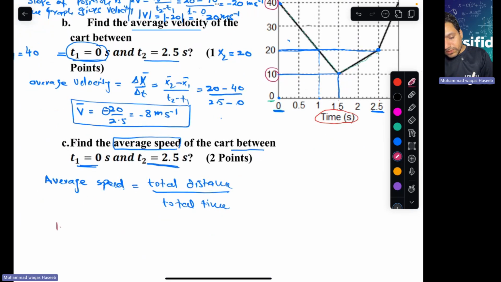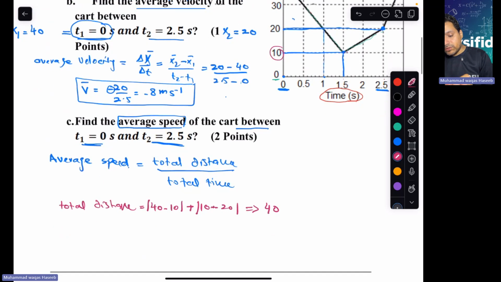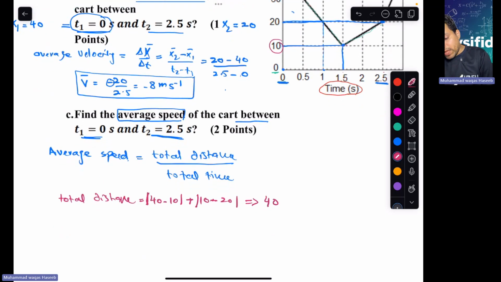So the total distance is 40 minus 10, and when you take the magnitude, plus 10 minus 20. So the total distance we get is 30 plus 10, which is 40. The distance has to be positive, so that's why we take the mod value. Otherwise this will be negative. So the total distance has to be positive.